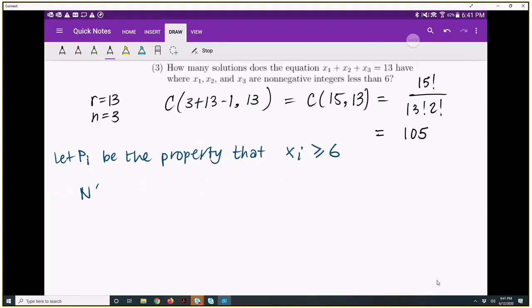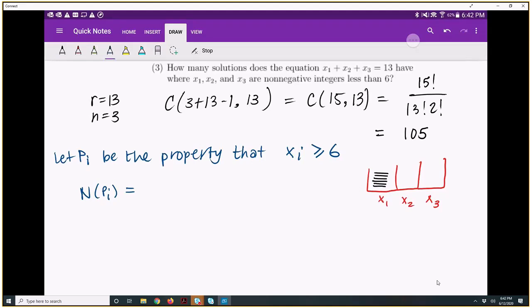So n of Pi, this is again a situation where we're thinking about our 3 boxes, x1, x2, and x3. So if P1 is satisfied, then I've put at least 6 units into the x1 box, or if P2 is satisfied, then I put the 6 units in the x2 box, or if P3 is satisfied, then I put the units in the x3 box.